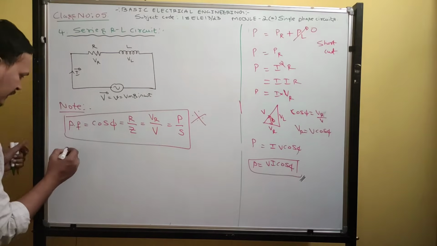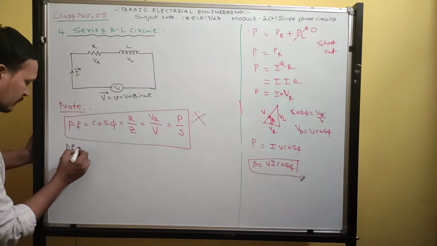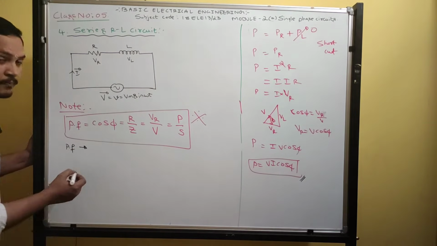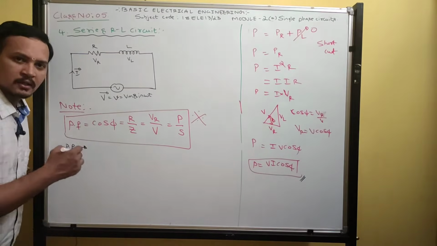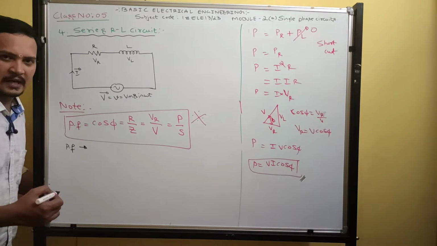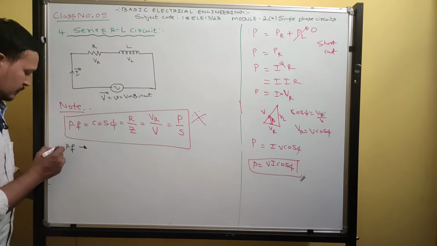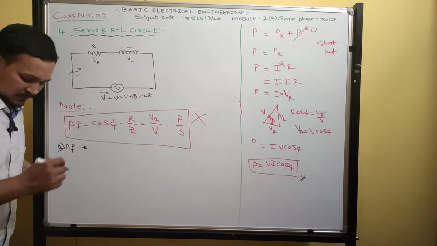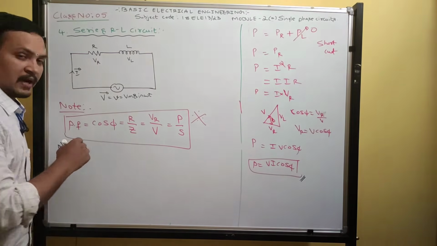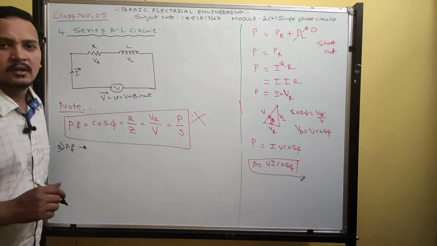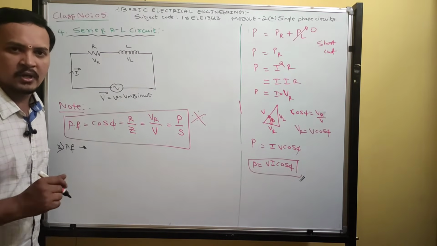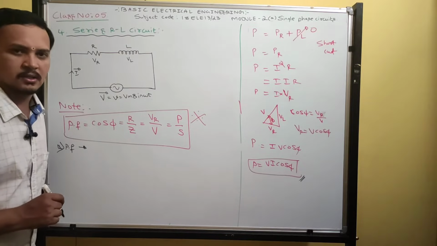So guys, write the power factor definition. Define power factor: power factor is defined as the cosine of the angle between voltage and current.